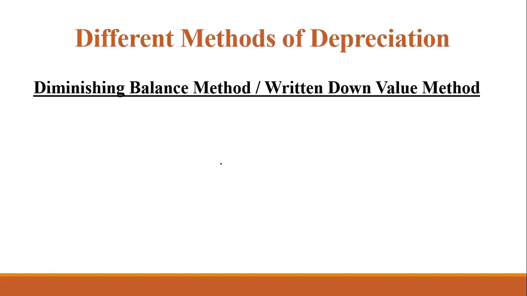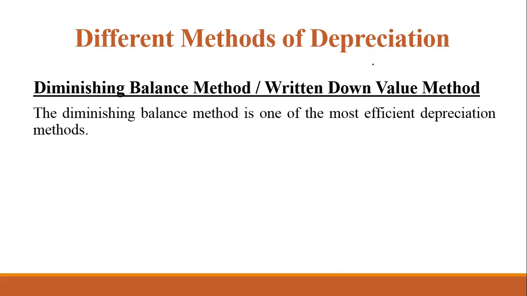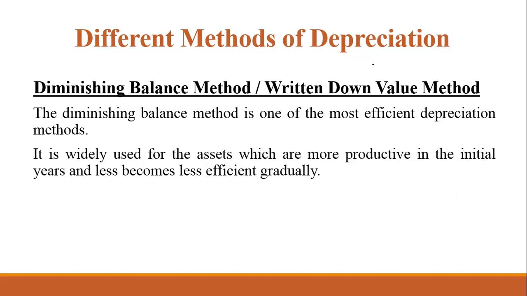Okay? Now, what about the diminishing balance method? Or ito yung tinatawag natin na written down value method. Okay? So, sa written down value method, so the diminishing balance method is one of the most efficient depreciation methods because it is widely used for the assets which are more productive in the initial years and becomes less efficient gradually.